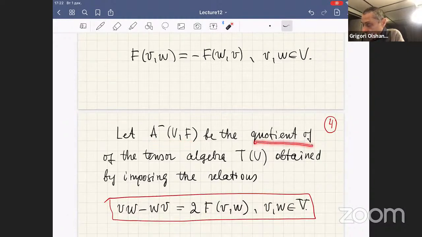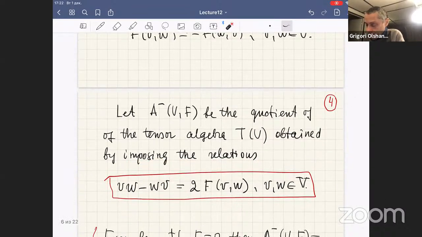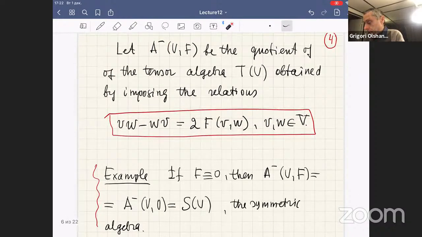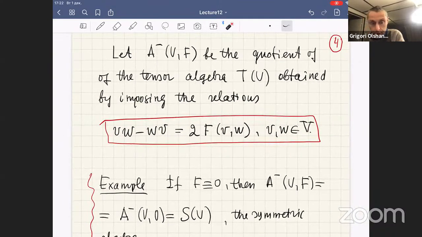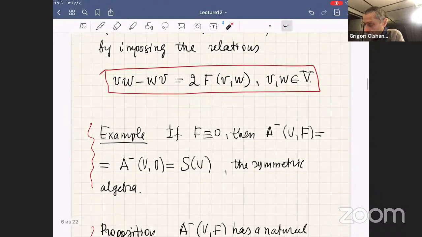So we take the quotient of a tensor algebra, which is obtained by imposing relations of the same type as before. But here we have a minus sign instead of a plus sign as before. So hence this notation A minus instead of A plus. The definition is quite similar, but the object is very different.